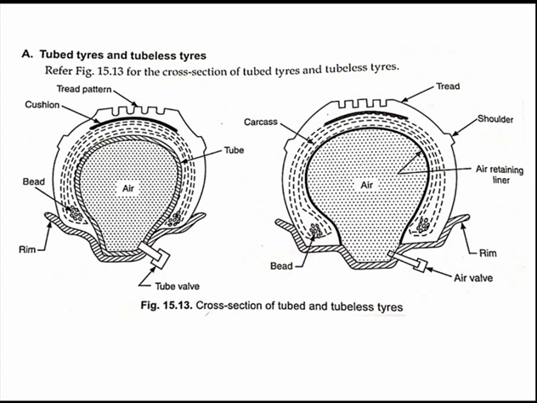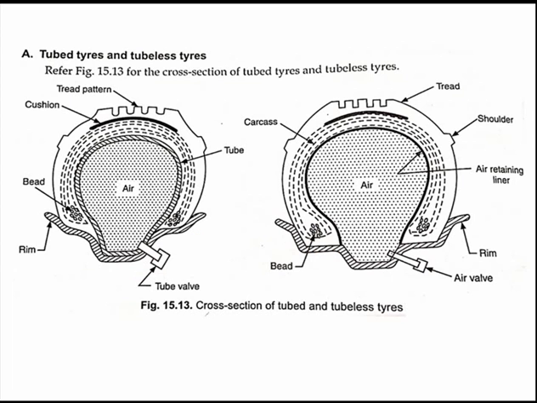In conventional tube tires, a thin and flexible rubber tube is placed inside the tire. This tube and the valve fitted to it serve to fill the air inside.